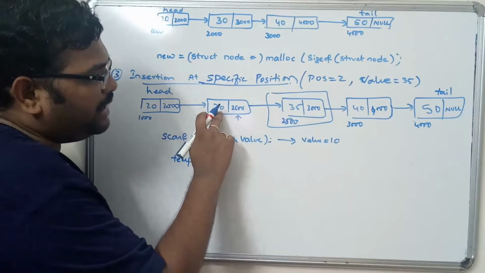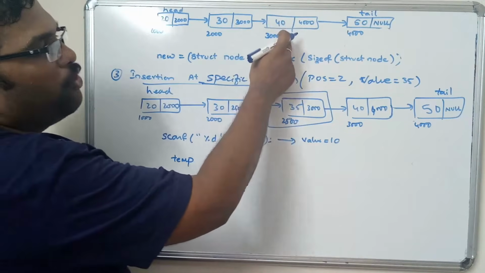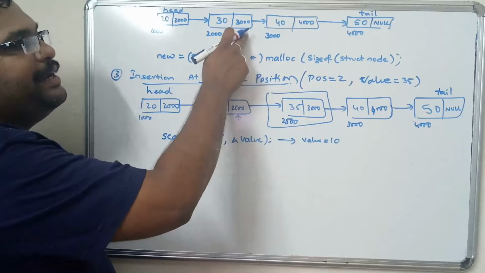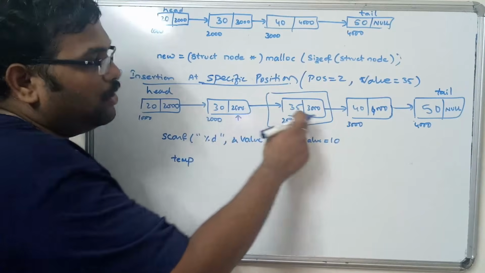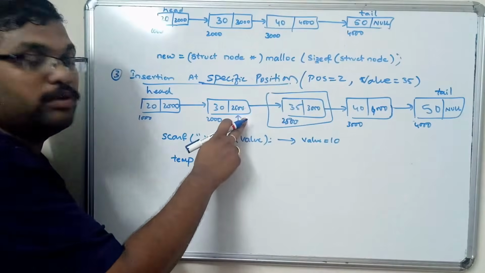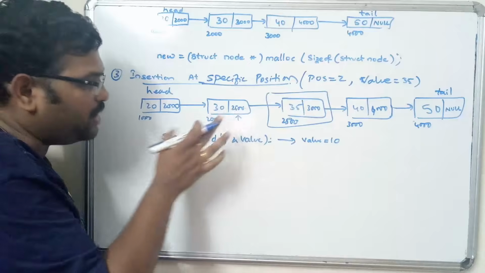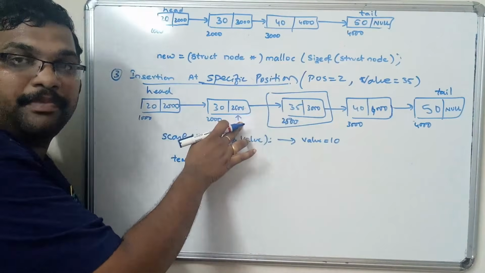Previously in the node 30, the address of the node 40 is saved in the next of 30, right? Now it should be changed to the new node. The new node address should be saved at position minus 1, right? We have to travel up to position minus 1, right?